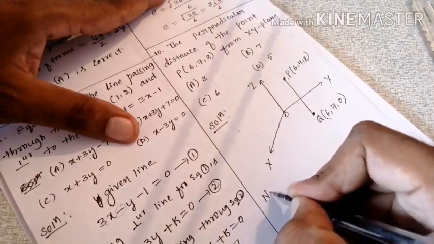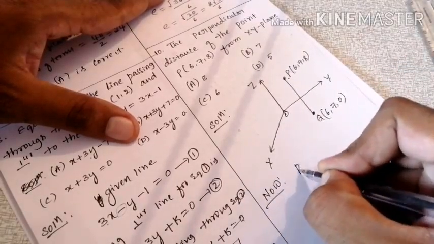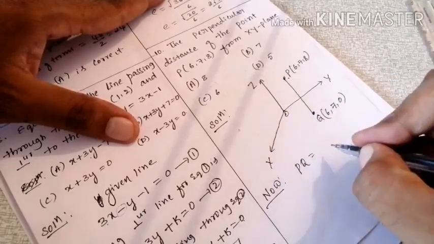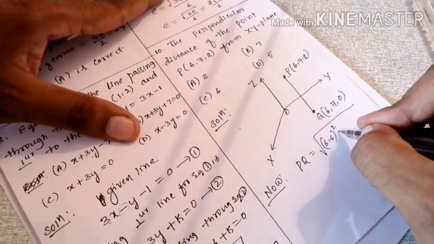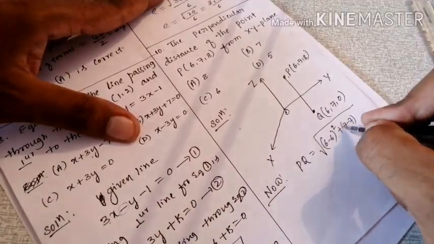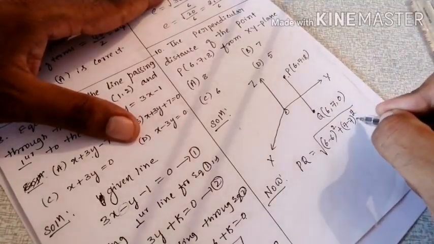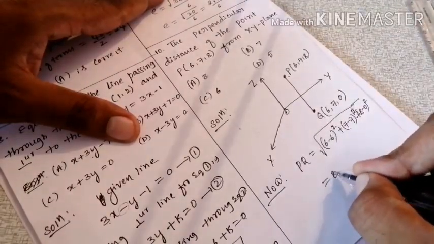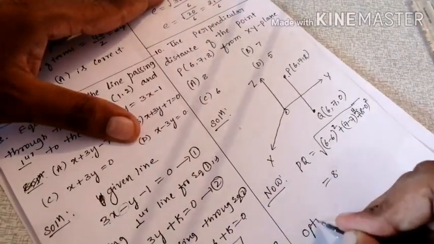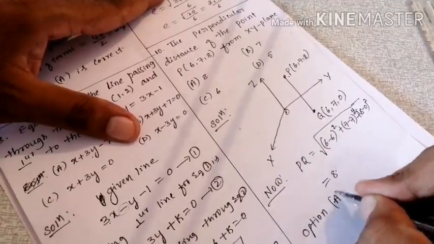So now distance between the points PQ is equal to square root of 6 minus 6 whole square plus 7 minus 7 whole square plus 8 minus 0 whole square. So we got answer 8. Option A is correct.